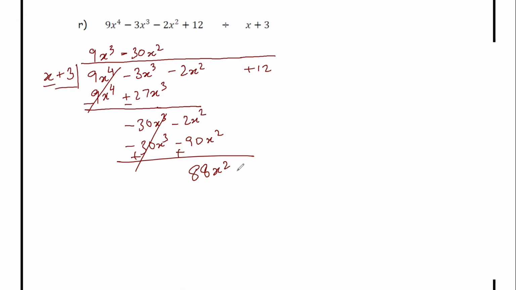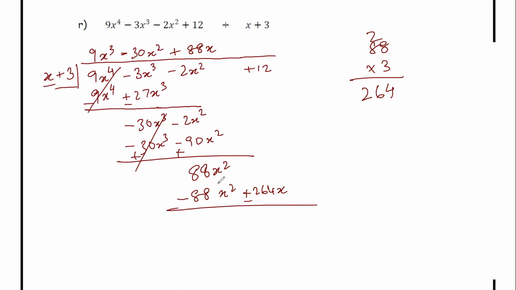Nothing to bring down for the x part, right? So you want 88x squared, so therefore it'll become 88x positive. So you got 88x squared plus 3 times 88. So what is 3 times 88? 264. So it'll become plus 264x.